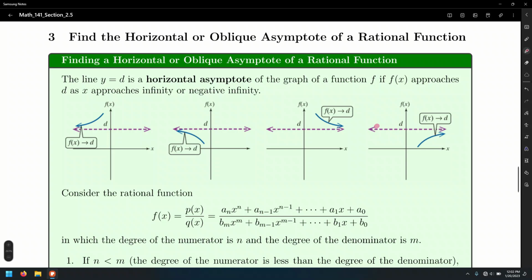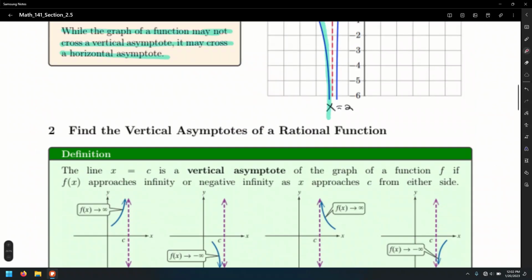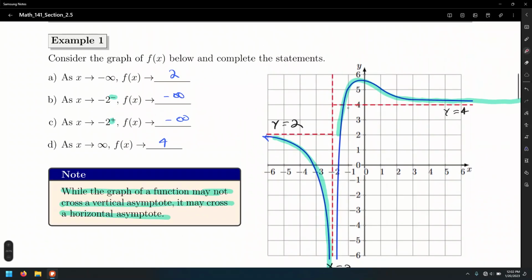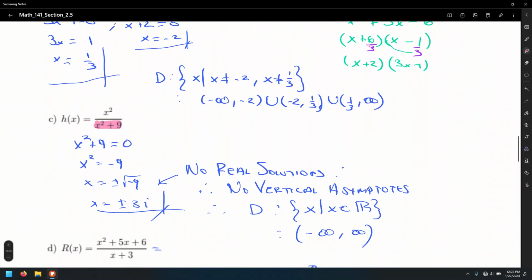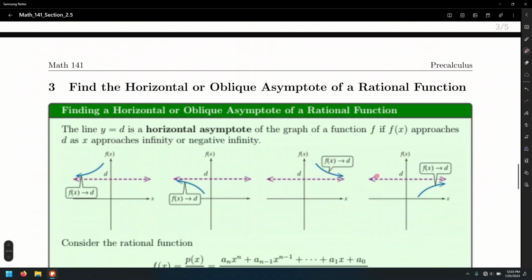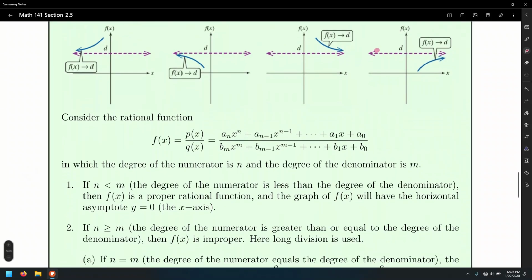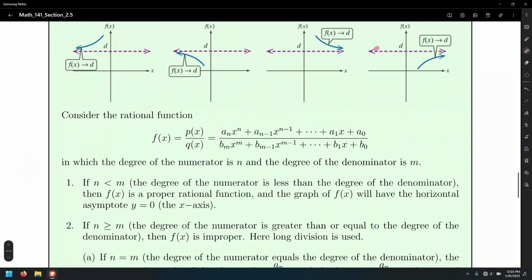And in fact, I think we looked at a graph describing that last time. So something like this, and we're going to analyze how to get those values where the function actually crosses its own horizontal line. Number one, let's look at the algebraic techniques to find horizontal asymptotes.